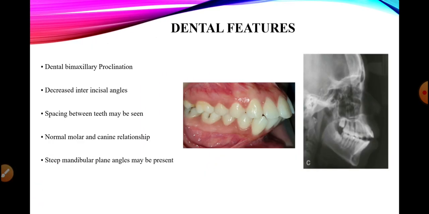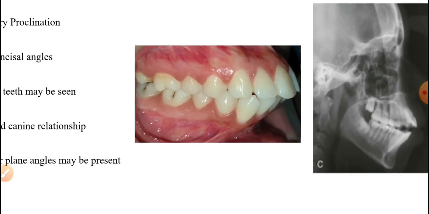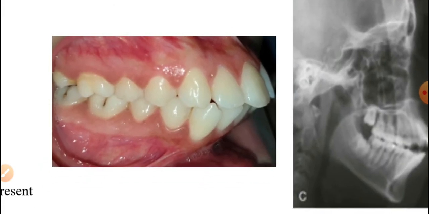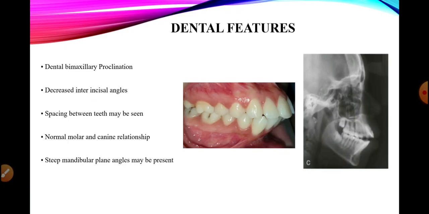Now, talking about the dental features of bimaxillary proclination, both the upper and the lower incisors are proclined, as can be seen here. Usually the incisors, canines and the molars are class 1.